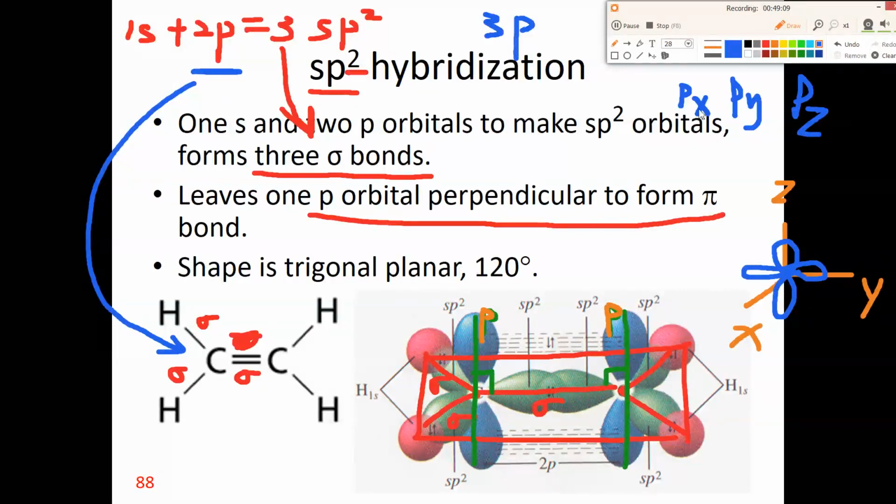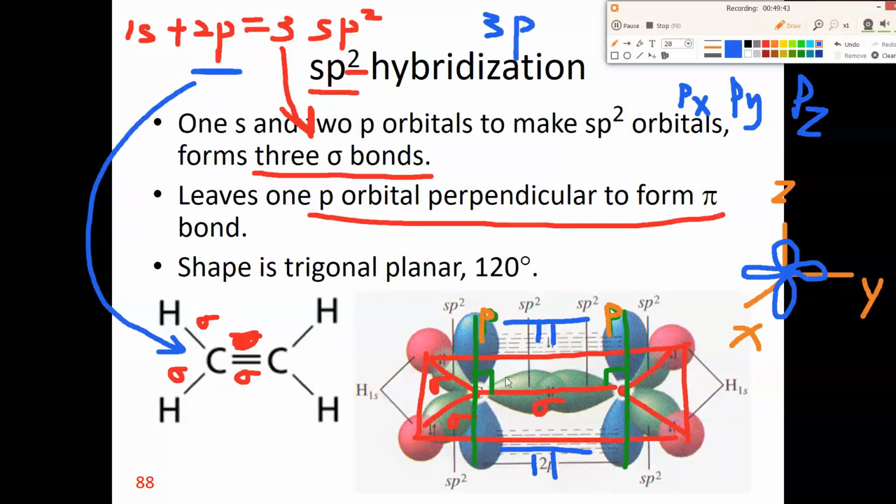One 2p is involved in hybridization, so there is another p orbital left over, perpendicular to the 2p from the hybrid orbitals. This one forms a shoulder-to-shoulder overlap, forming a pi bond. This is the pi bond here.